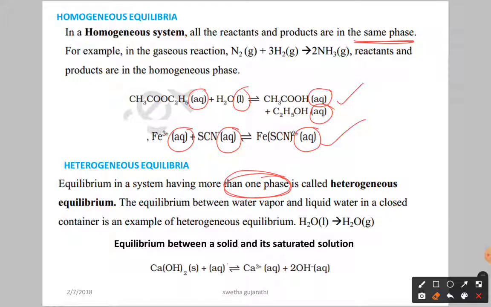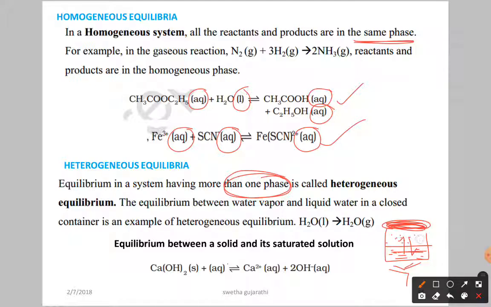What is the meaning of this? As we discussed for boiling point or vapor pressure, take a closed vessel with water in it. Once you heat it, you get water vapors, and after some time there is an exerted pressure.